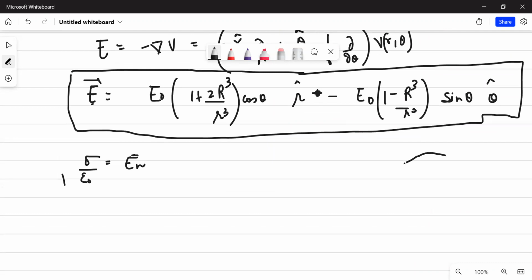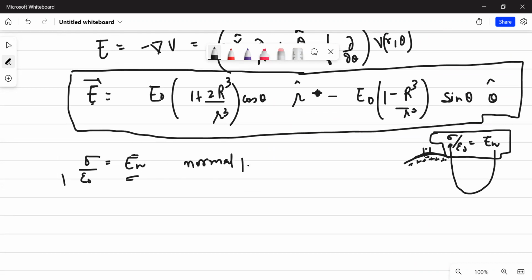If I make this kind of surface, with a distribution here, then just outside the electric field equals sigma upon epsilon naught. So the normal component of the electric field gives an idea of the induced distribution. Normal to the sphere is the radial direction.